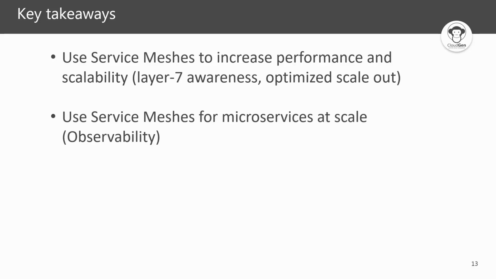You should also use service meshes for microservices at scale. Here I did not have time to go down that path and show you what you gain in terms of observability, but just remember this: it really helps you grow your microservices.